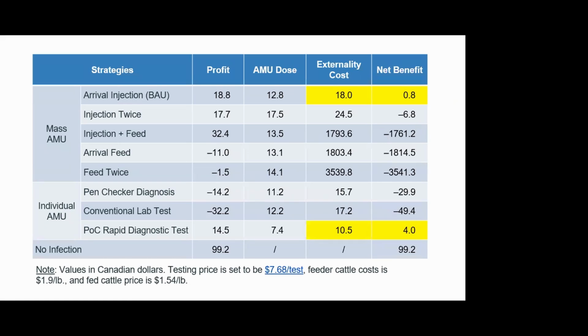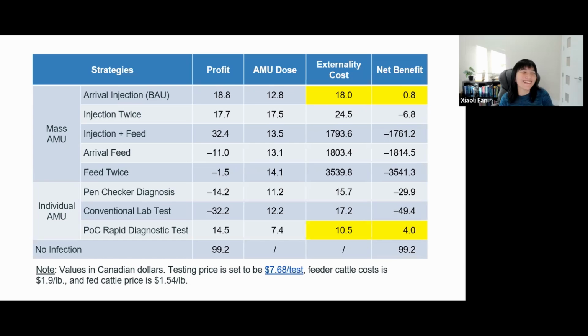Okay, but what's the difference between injection twice and an injection? Are they getting one and then a booster shot? Yeah, kind of like that. So the BAU, the business as usual, is they get it at arrival, and then they get an injection twice. We're just curious if another injection at day 21 will help or not. We did an experiment there.